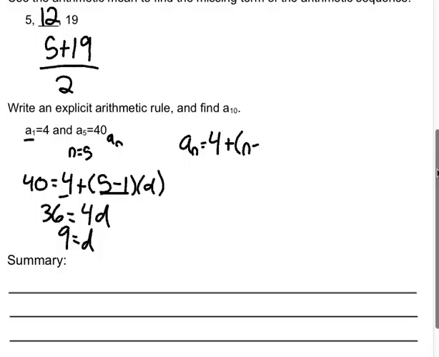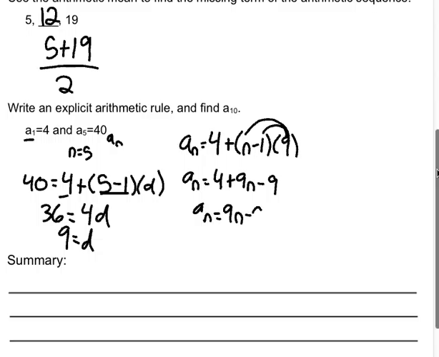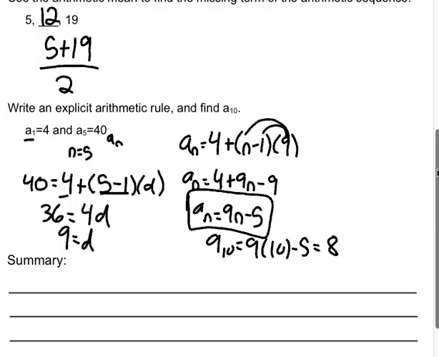A1 plus n minus 1 times d. Remember when you're writing the explicit formula, n is the variable. And now for these linear ones, we're going to clean it up. And of course, if I want A10, now I just use that formula to do so. 90 minus 5 would give me 85.